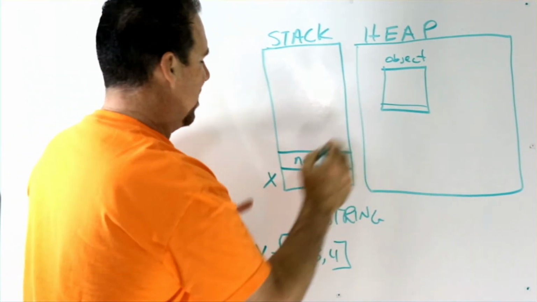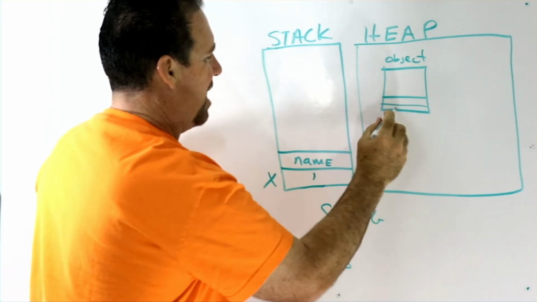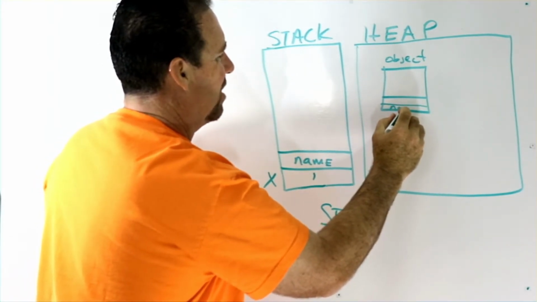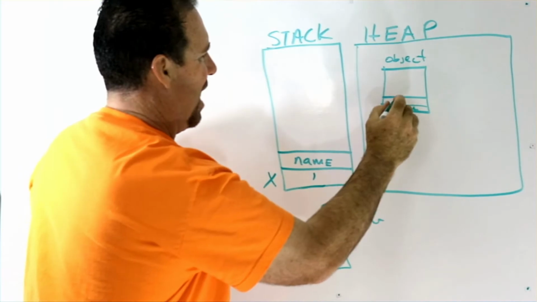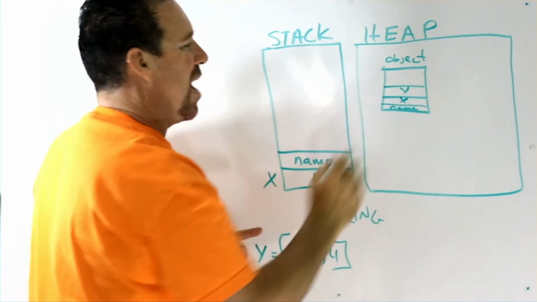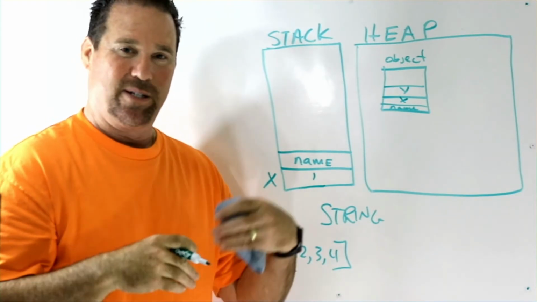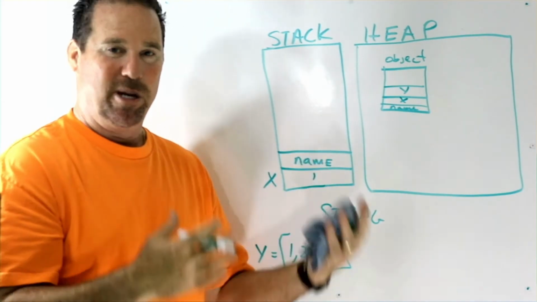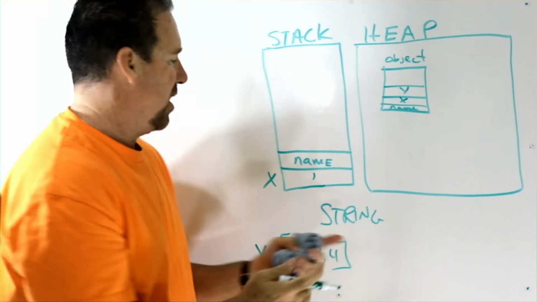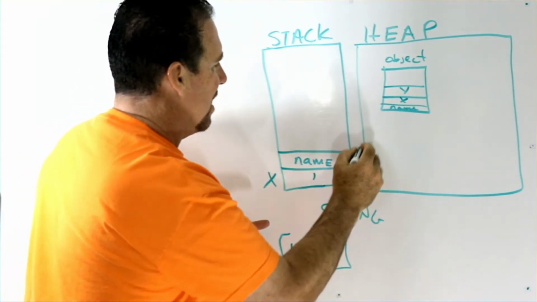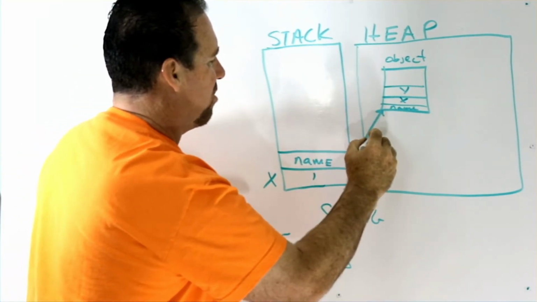Because an object could hold the name, it could hold X, and it could hold Y. It could hold all that data. So see why I say computer science is really about data and how you manipulate it and how you transfer it. So now this name is a pointer reference.